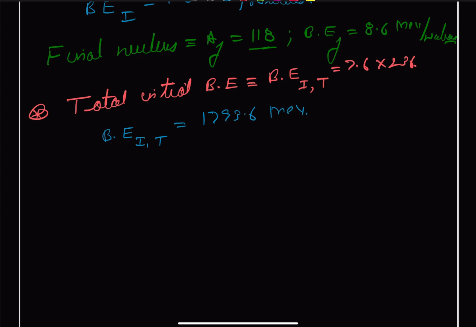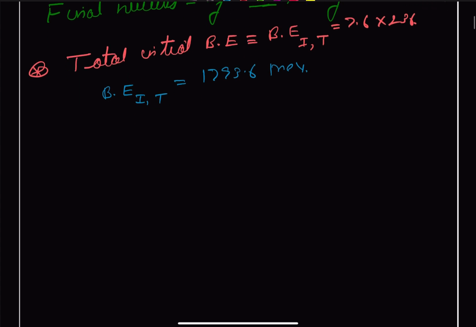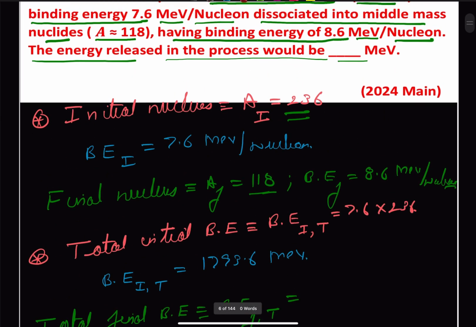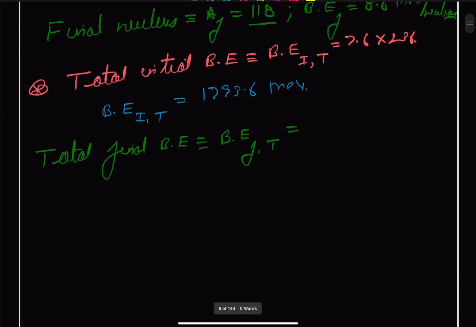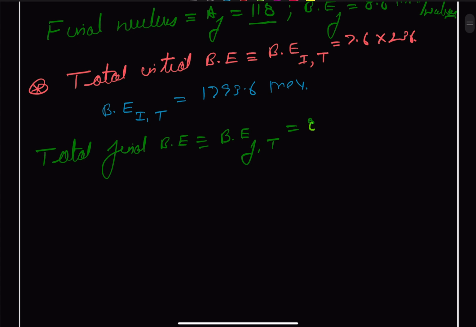Similarly, we are going to find out the final total binding energy. Binding energy final total will be equal to 8.6 multiplied by 118.